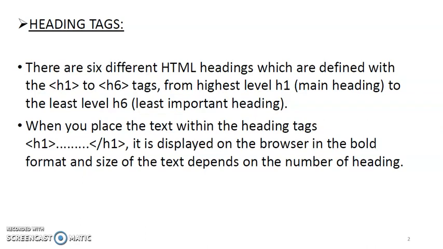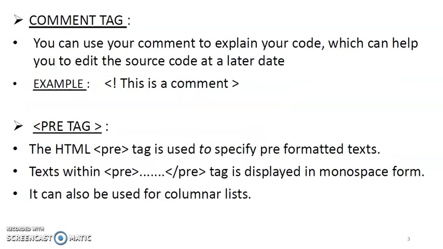So you can see, your next tag is the comment tag. Now what is the meaning of comment? The comment tags are some text or code which is written in your code to give an explanation about the code, and it is not visible to the user.